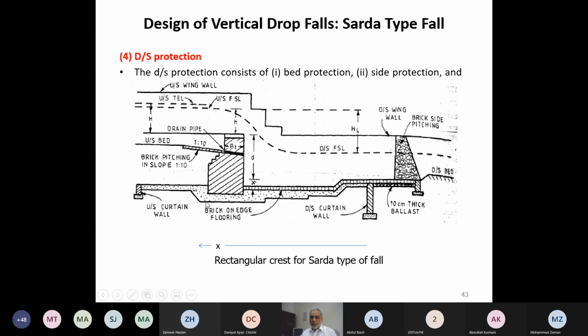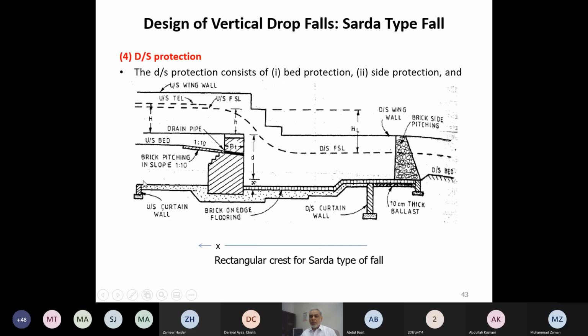So the same thickness will be provided for some length on the upstream side, and then a minimum thickness of 0.3, 0.4 meter will be provided on the upstream side. Theoretically, no thickness is required to take care of the uplift pressure over here, because whatever water is creating the pressure over here, the same water is pushing it down also. So uplift pressure is 0 on the upstream side.